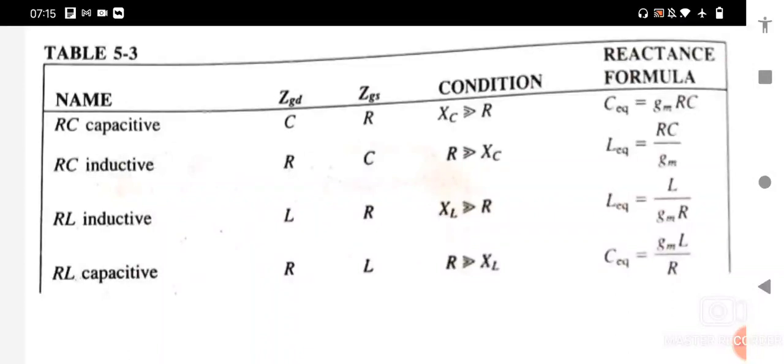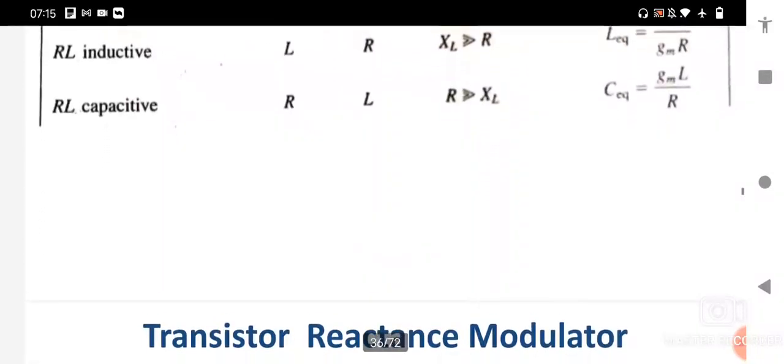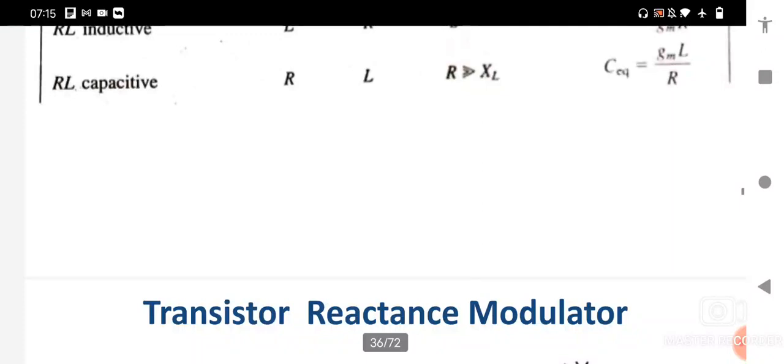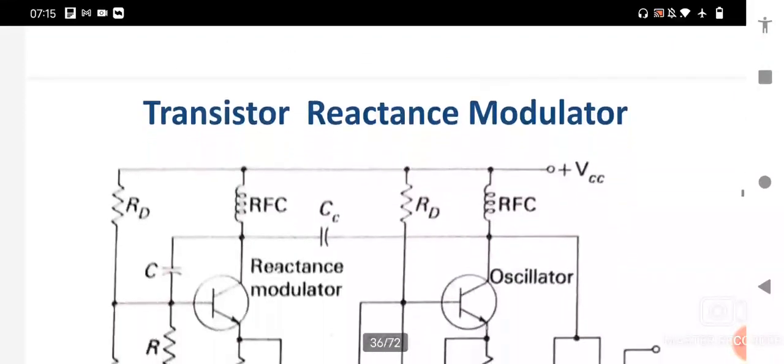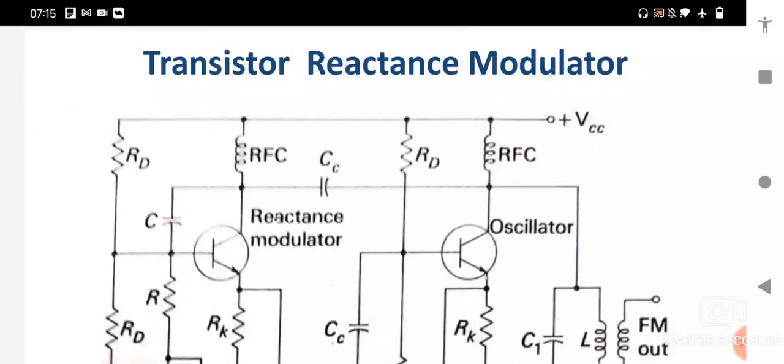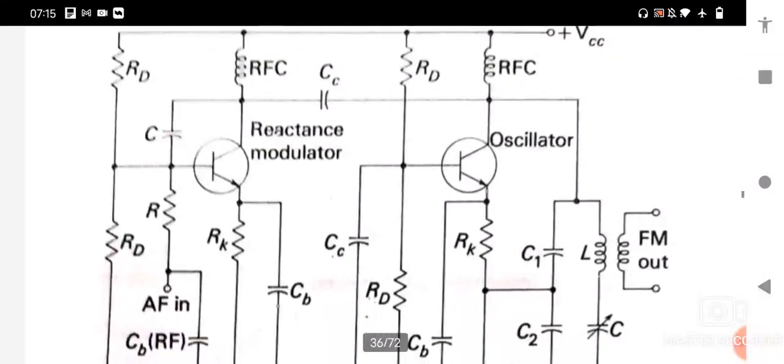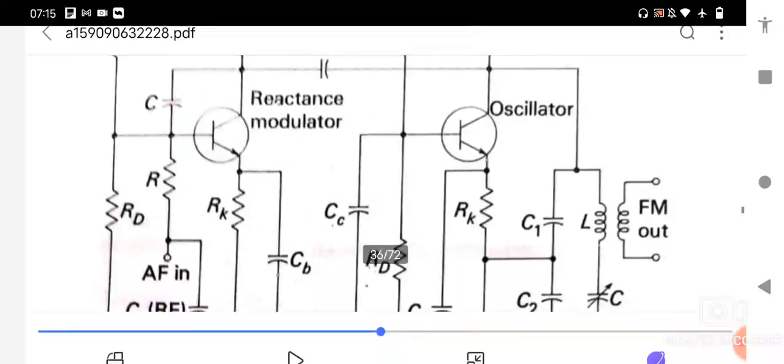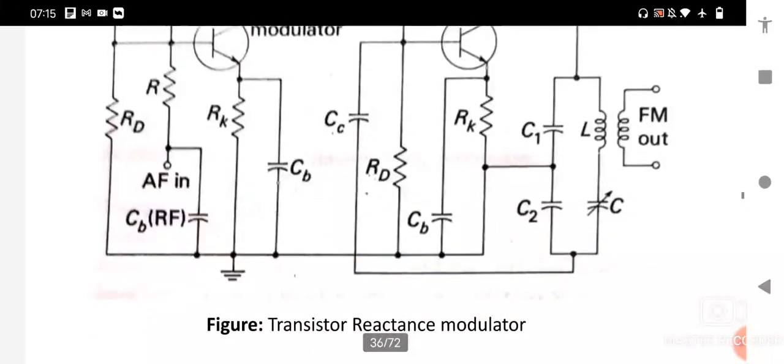So this is about the generation of FM by using the reactance modulator. One more method is the transistor reactance modulator. In direct FM, we also use the transistor reactance modulator. Observe this figure. Here we are using the reactance modulator and the oscillator.